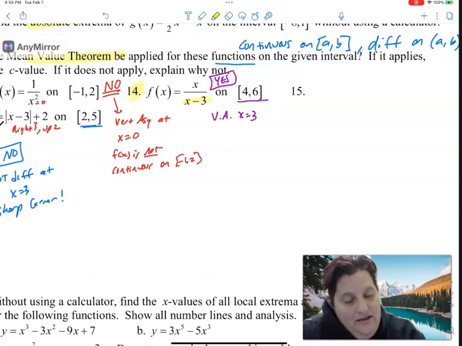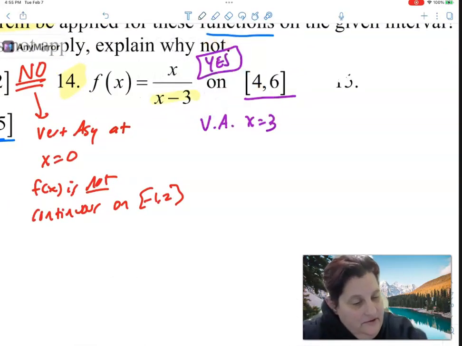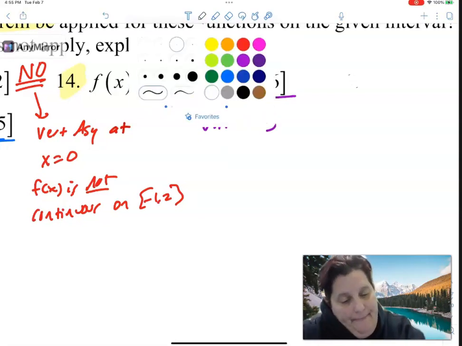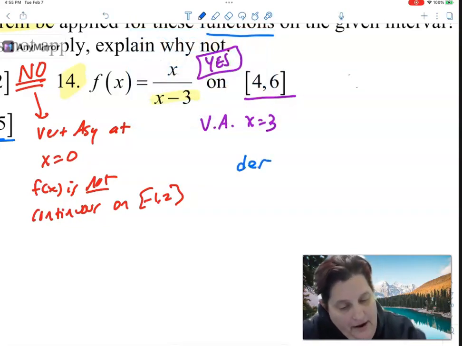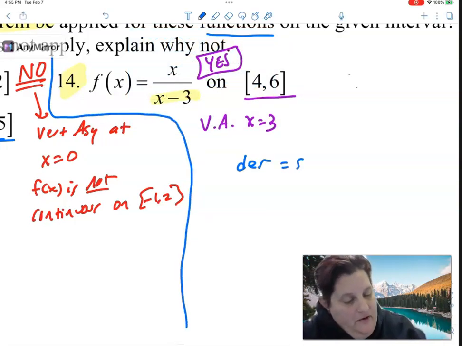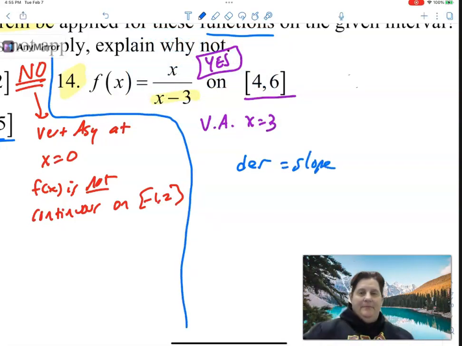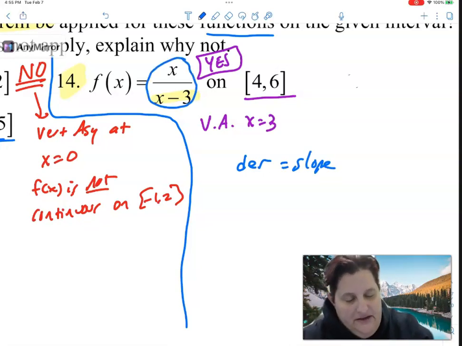All right, so now let's actually do mean value theorem for number 14. When you're actually doing the mean value theorem, you want to say you're looking for where the derivative equals the slope. Now for derivative, you're literally just taking the derivative of this.